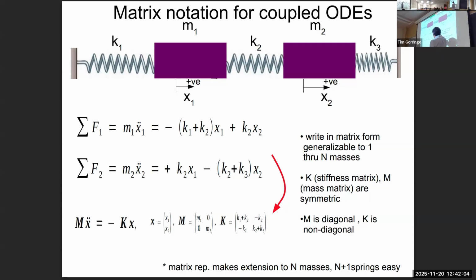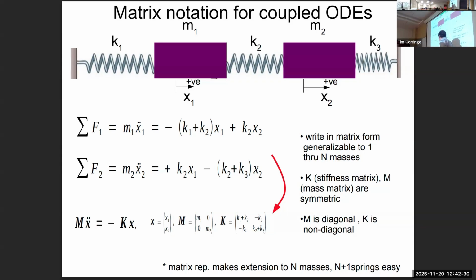We're going to write the two coupled differential equations using linear algebra as a matrix equation. So I'm introducing vectors and matrices here. I'm going to make a column vector out of the two position functions that we want to solve for, x1 and x2.